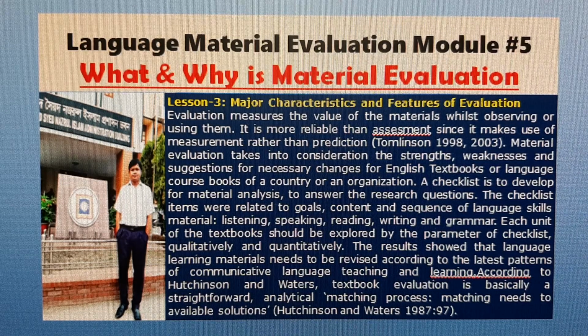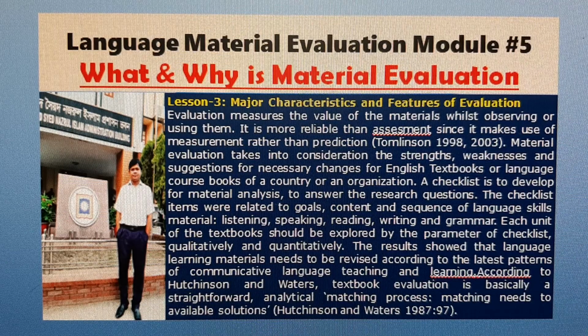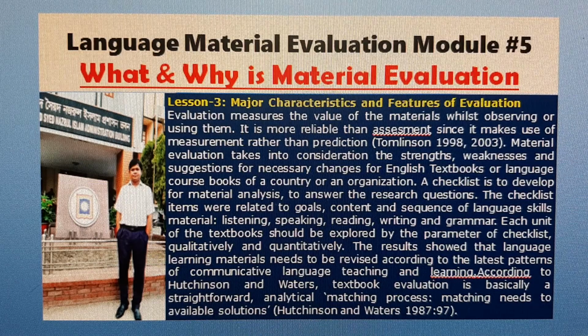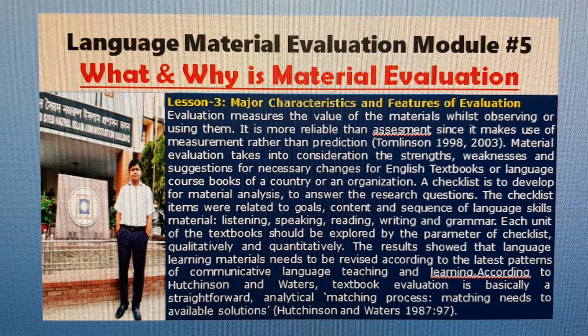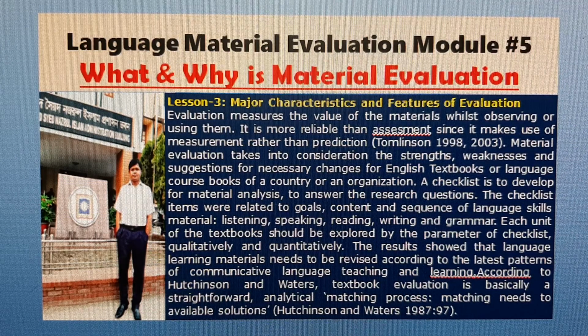The results show that language learning materials need to be revised according to the latest parameters of communicative language teaching and learning. According to Hutchinson and Waters, textbook evaluation is basically a straightforward analytical matching process. Matching needs to available solutions. Hutchinson and Waters, 1987, page 97.